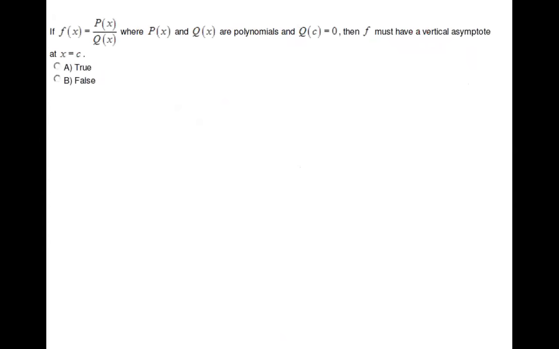Another one. If the function is a rational function, p of x over q of x, where p and q are polynomials, and now q at c is 0, that means c is a zero of the denominator, then the function must have a vertical asymptote at c. Do you think it's true?